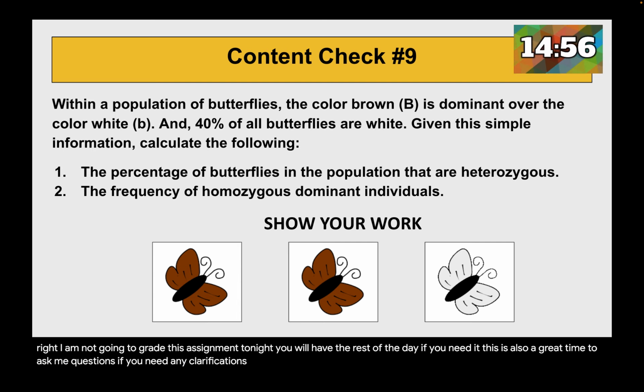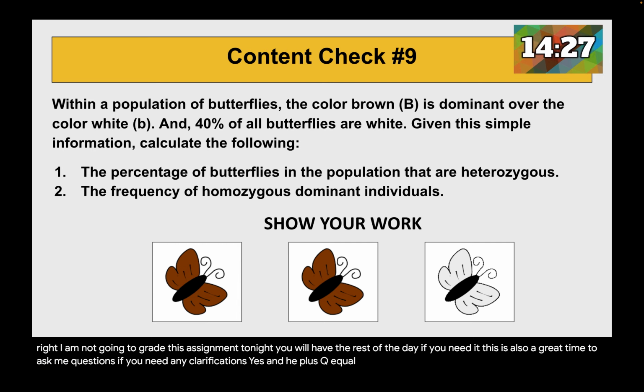Yes? You'll have to use both in order to calculate it out. Yeah, you can just use the Hardy-Weinberg equations. Q squared plus 2PQ plus P squared, yes, and P plus Q equals 1.